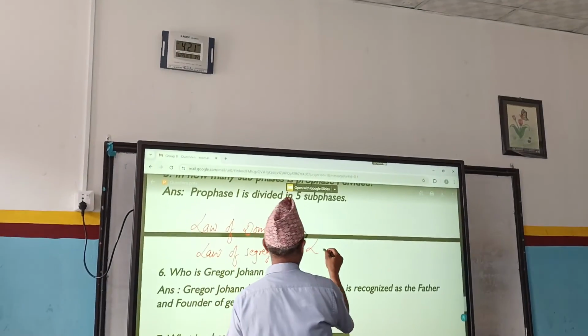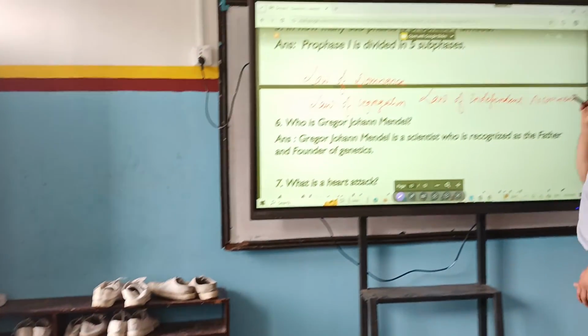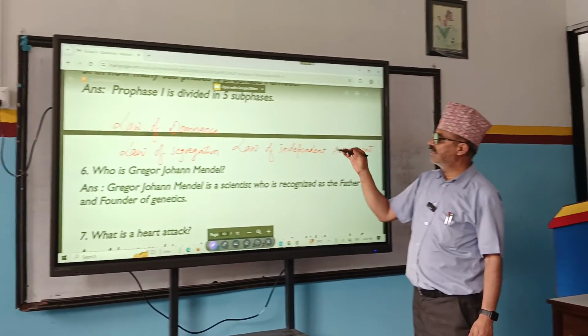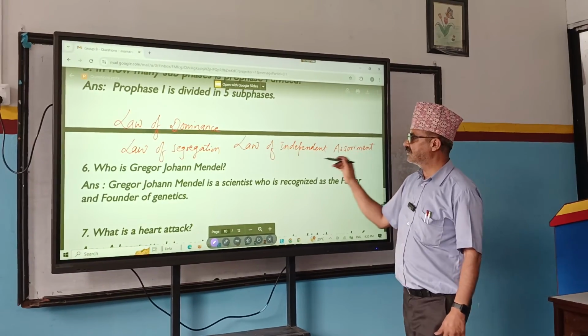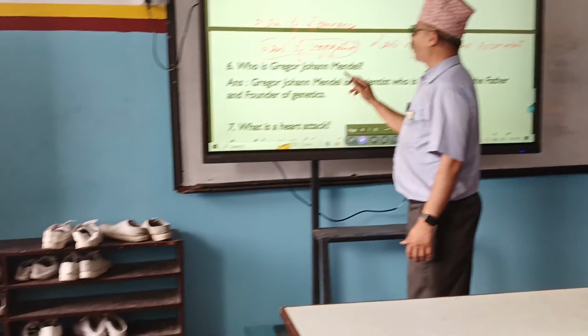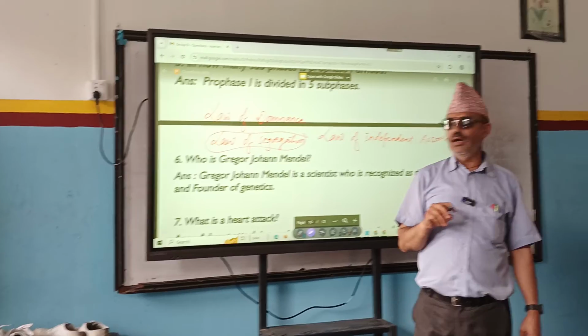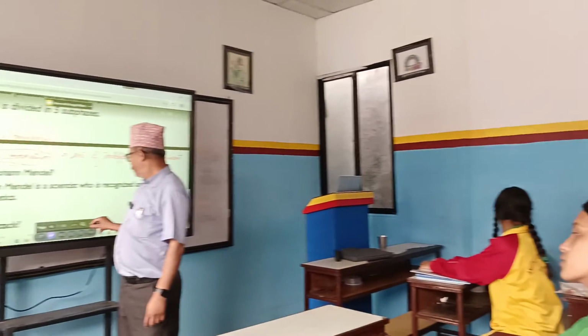Third one, law of independent assortment. These things you have to remember. Law of segregation is also called law of purity of gametes.